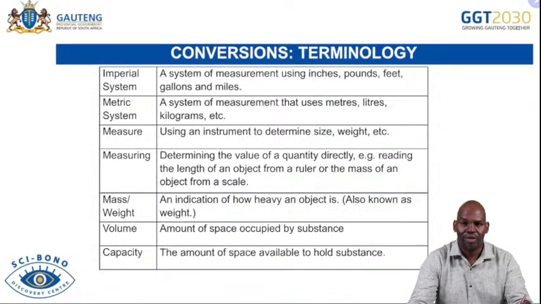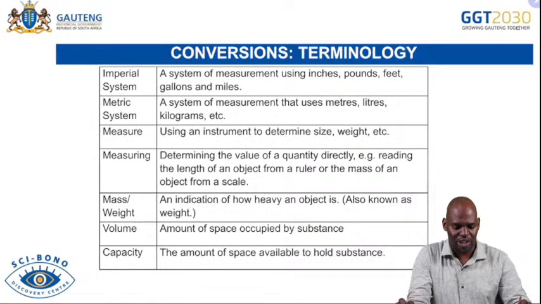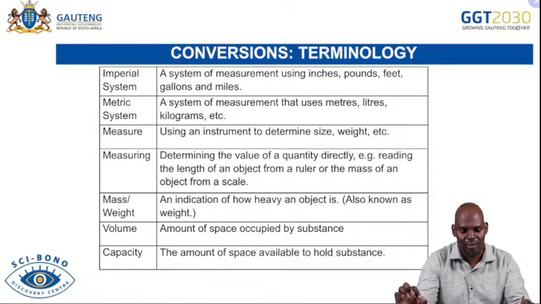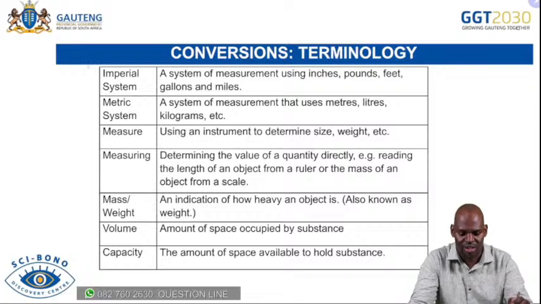Then we've got the imperial system. Remember we spoke about metric units and imperial units, or the metric system and the imperial system. So what do we mean by imperial? Imperial is a system of measurement using inches, pounds, feet, gallons, and miles.